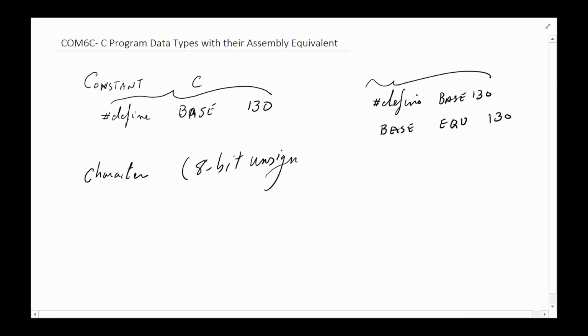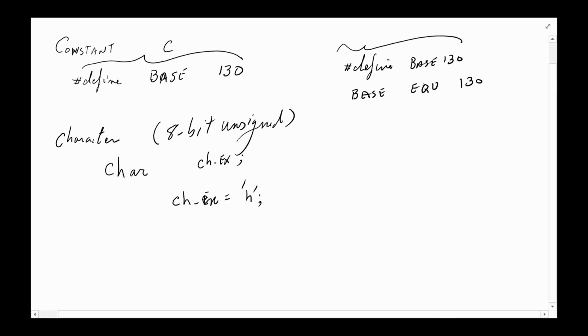Pretty universally, that's what it is in C. And so when I declare a character, CHAR, let's say a character example, and I say, okay, now go ahead and set this character example to H. In C, if this is the code, what is happening in assembly?